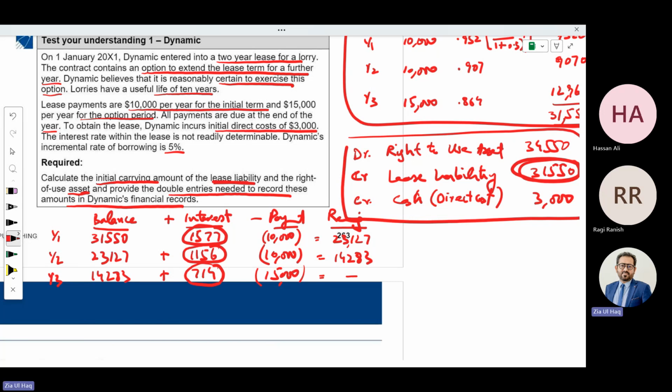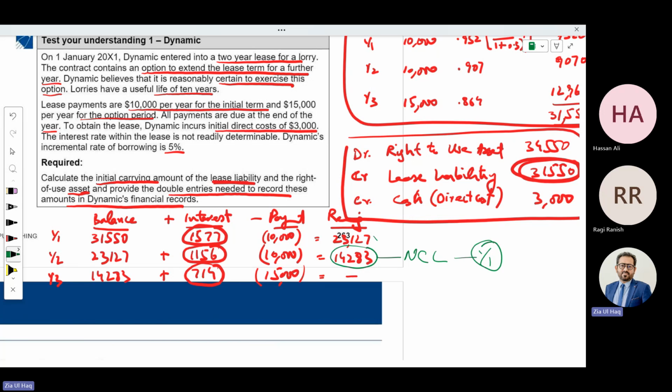But this liability should be bifurcated into current and non-current liabilities. This amount will be recorded as a non-current liability in the year one financial statement, because this is the amount that you need to pay in more than 1 year.